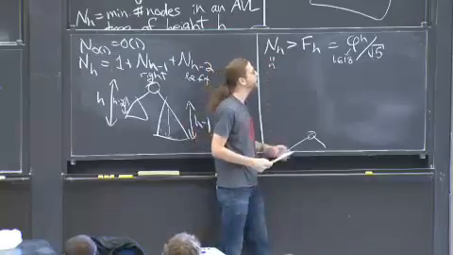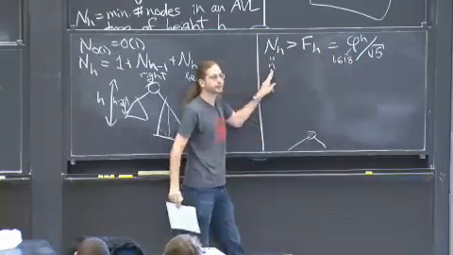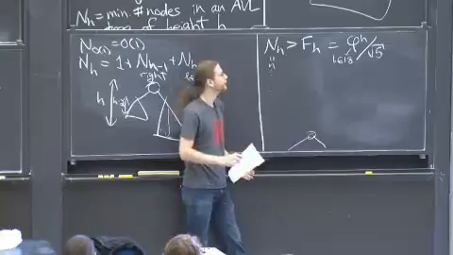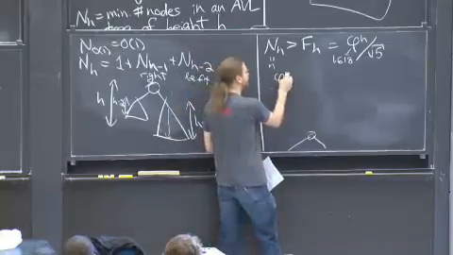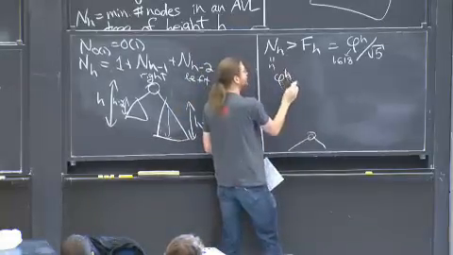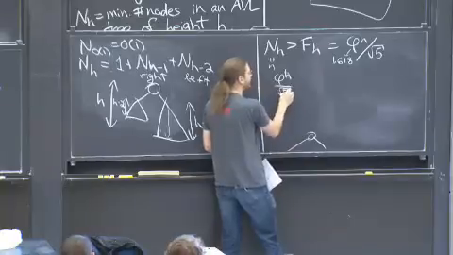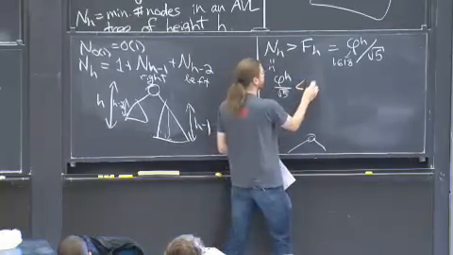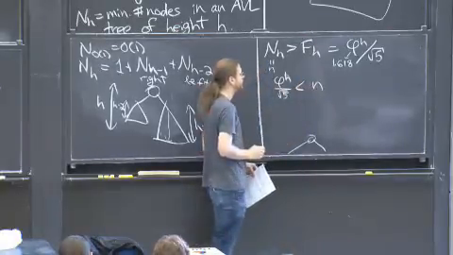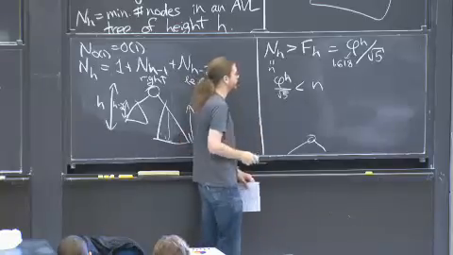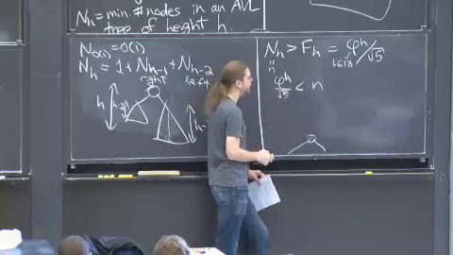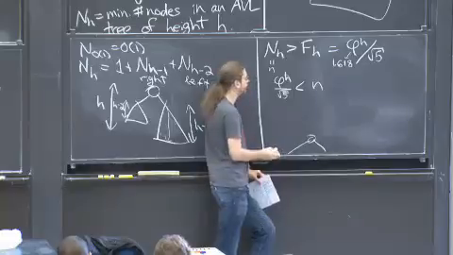What we really want to know is how h relates to n, which is just inverting this formula. So we have, on the other hand, phi to the h divided by root 5 is less than n. So I take, I don't know, log base phi of both sides.